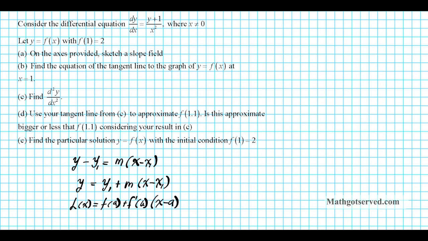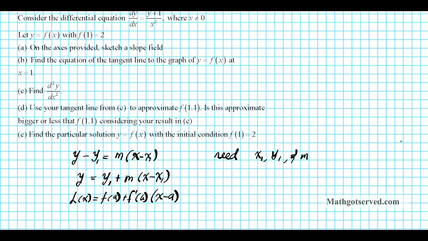Bottom line, we need x1, y1, and m in order to find the equation of our tangent line. Since it goes through x equals 1, we also have this condition here. You want to keep in mind that f of 1 is equal to 2, which implies that the point (1, 2) is on the graph of y.